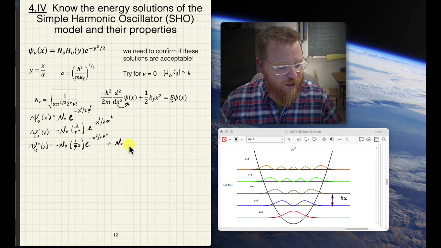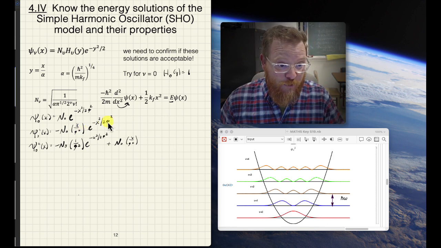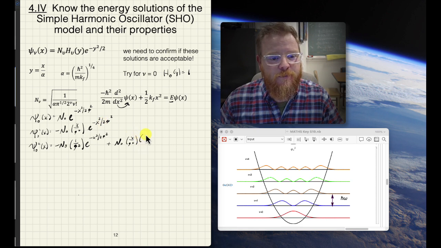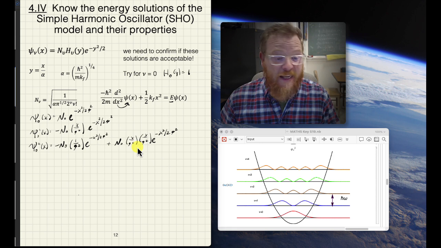So the normalization constant stays. The x over alpha squared stays. And then now we're going to get an additional x over alpha squared from the derivative of what's inside the exponent. And we'll just keep that written as such so that we can keep track of everything. Okay, and then now that becomes our second derivative.